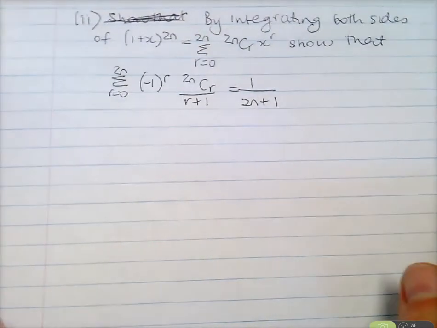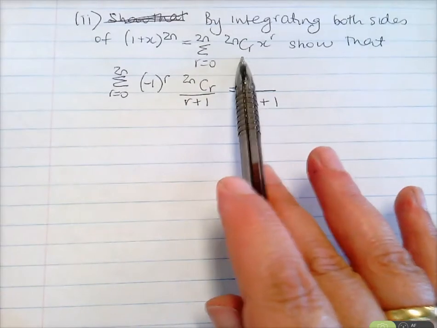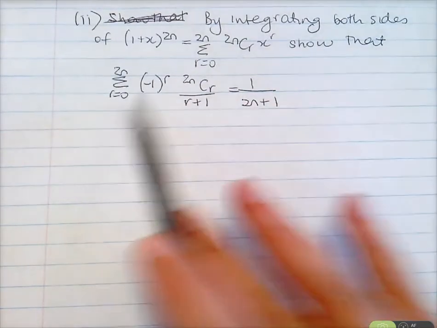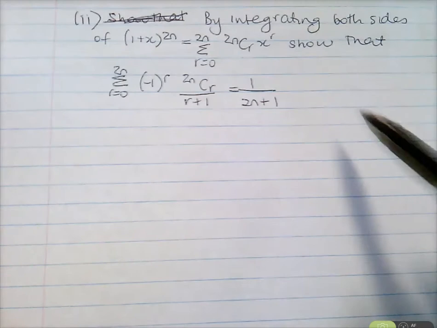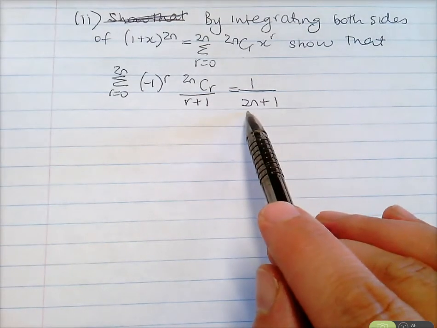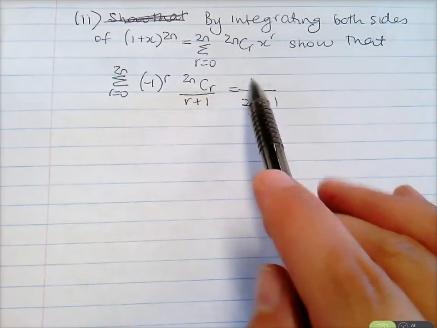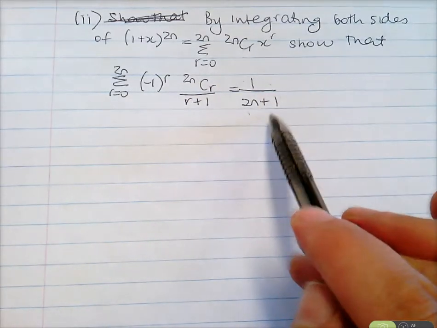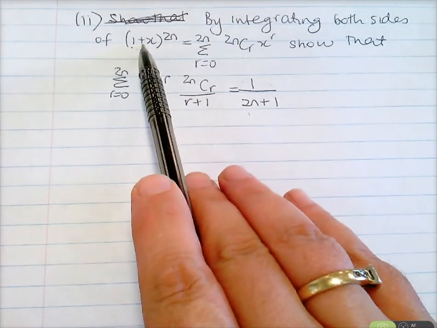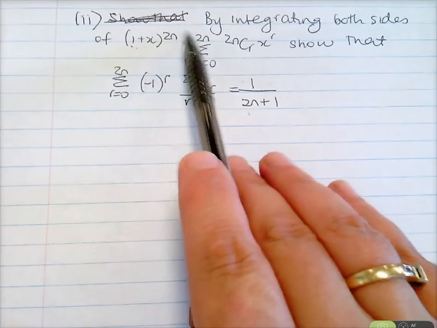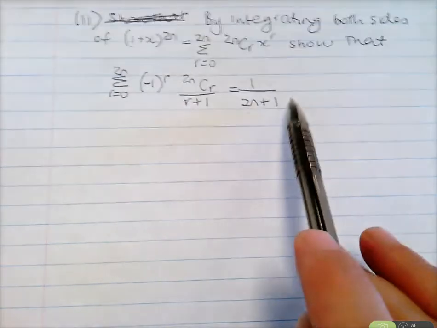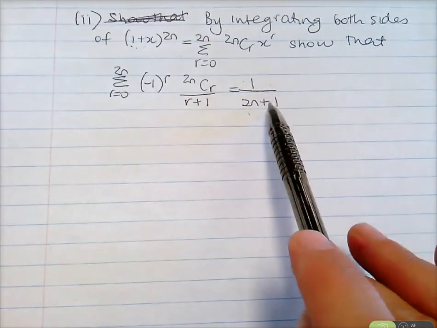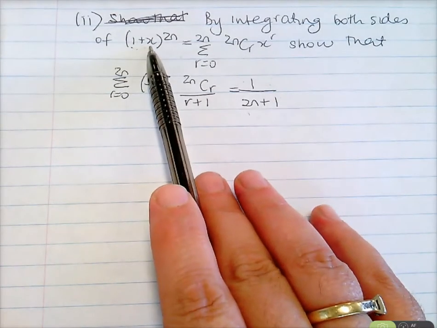So by integrating both sides of this identity, here is another show that. Again, there is a hint of integration. If you look at the right-hand side, if you integrate, what do you get? 1 plus x to the 2n plus 1 over 2n plus 1. But then over here, we seem to have 1.